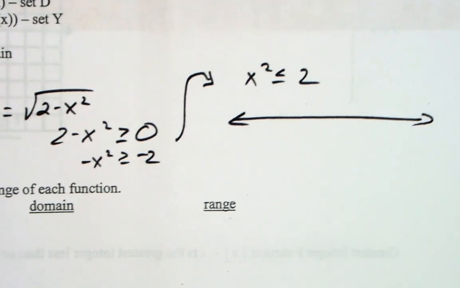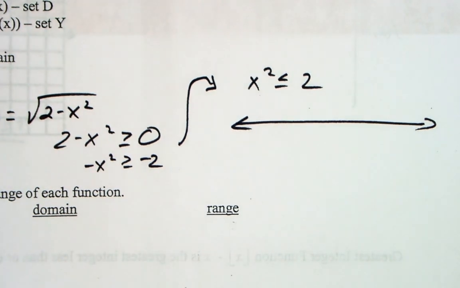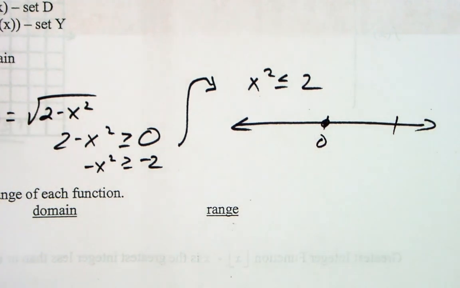Okay? So obviously from these values of x, we're looking for small values. Okay? And those values have got to be between what? Oh, 0 is going to be one of them. Square root of 2, because we don't have the x by itself quite yet.